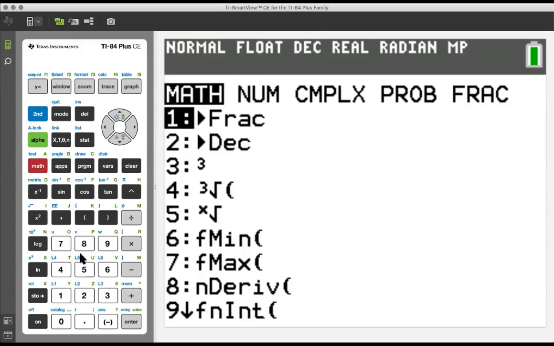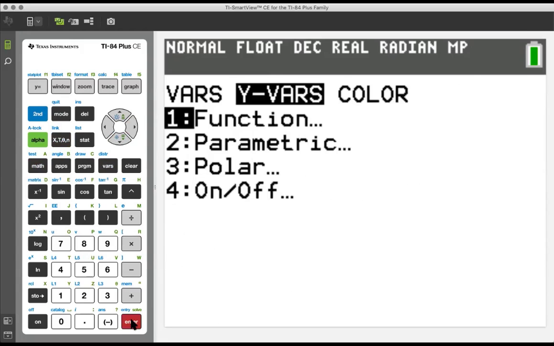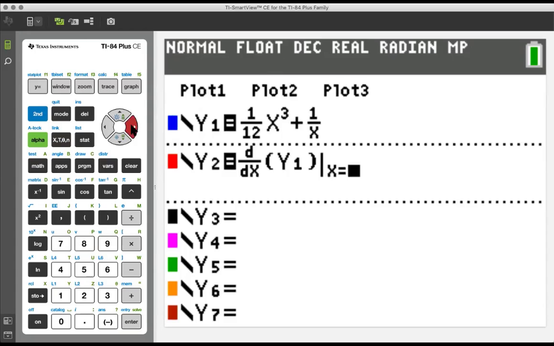You can do Math 8, and we're doing the derivative with respect to x of what we have under y1. It looks like that. And we want it over all x's because we essentially want an equation for the derivative. You don't want a numerical derivative. You're not looking for the derivative at one particular x value. So this is how you'd want to have it set up.